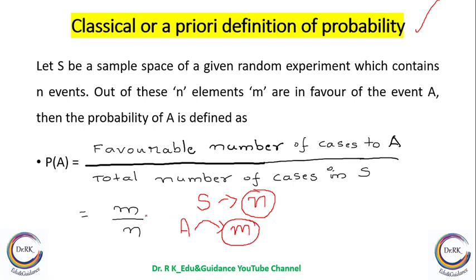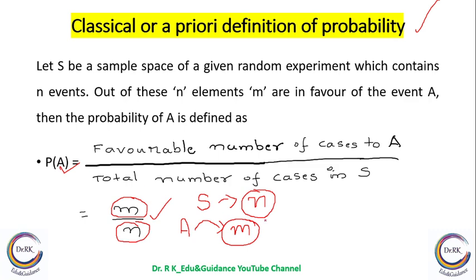So then the probability of the event is defined as P of A equal to m by n. Right? So here n is total number of cases in the sample space, and numerator is the cases which are in favor of the event which we define. Right? So this is the basic definition of the probability. Right?